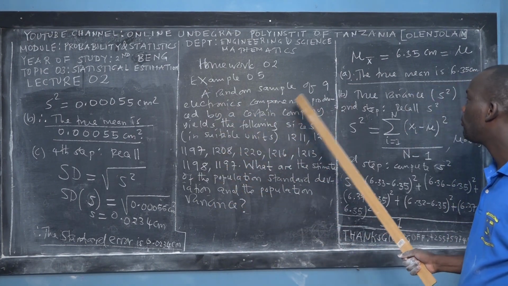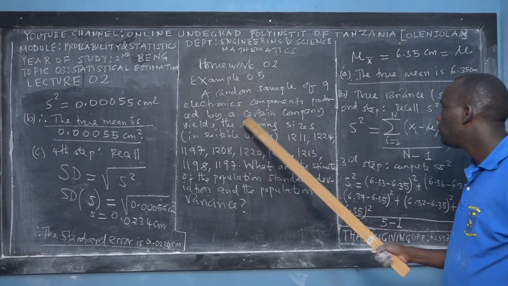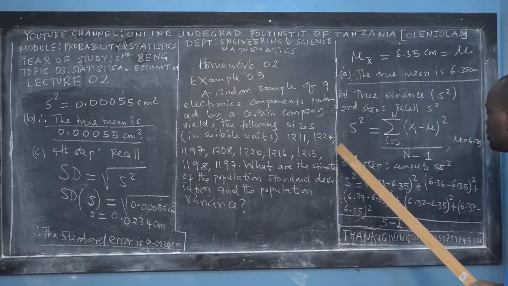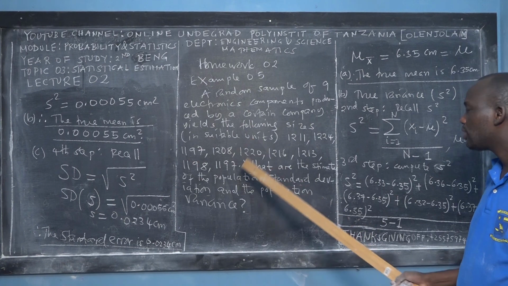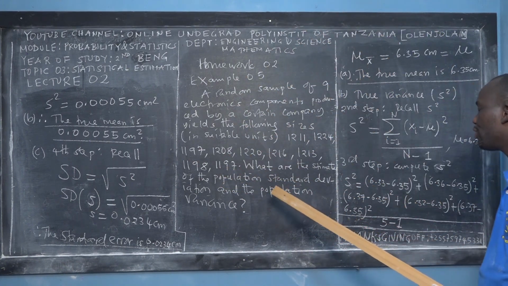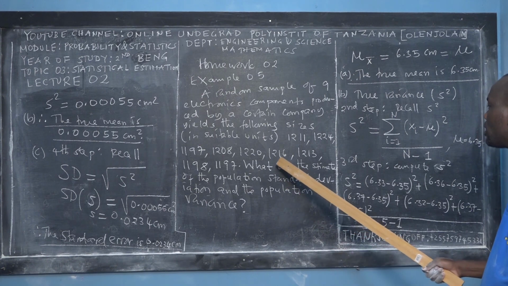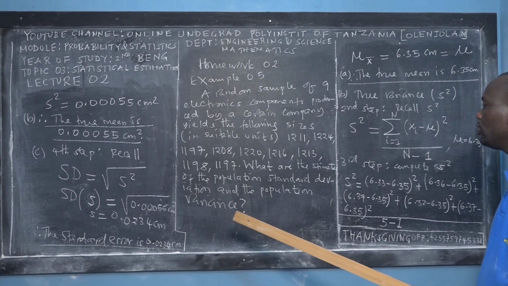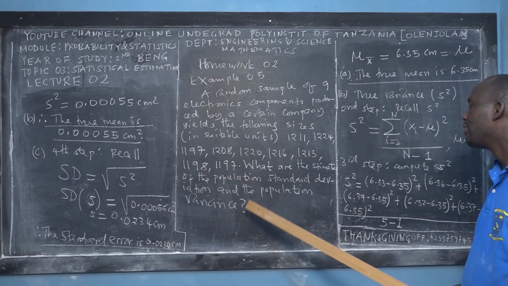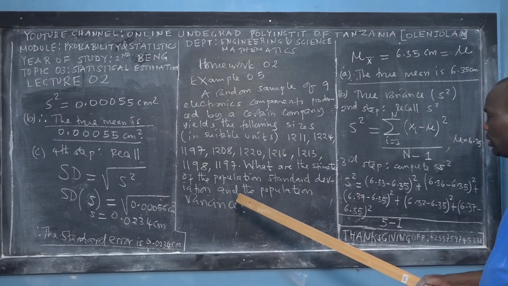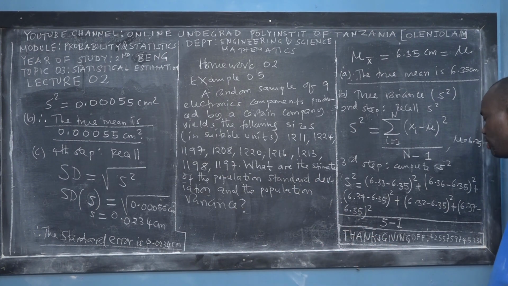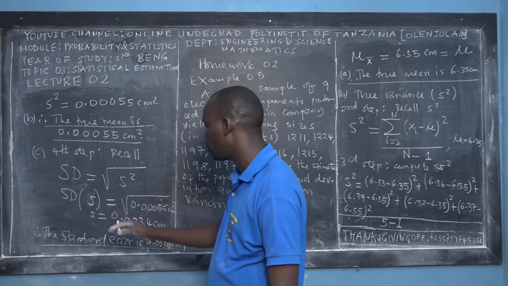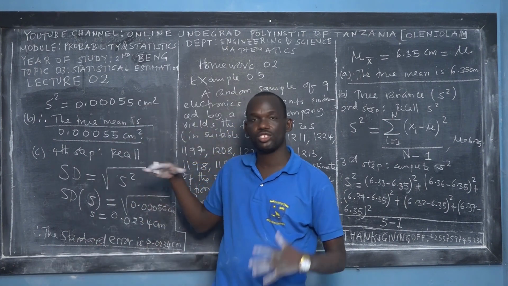A random sample of 9 electronic components produced by a certain company yields the following sizes in suitable units: 1,211, 1,204, 1,197, 1,208, 1,220, 1,216, 1,213, 1,198, 1,197. What are the estimates of the population standard deviation and the population variance? So please make sure that you solve this question and let me know your finding or your response in the comment section of this video.